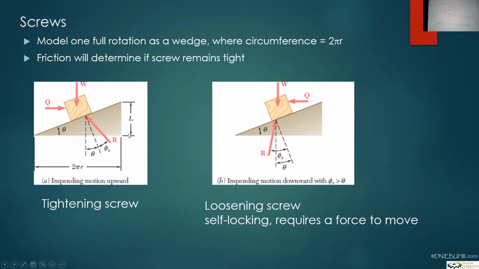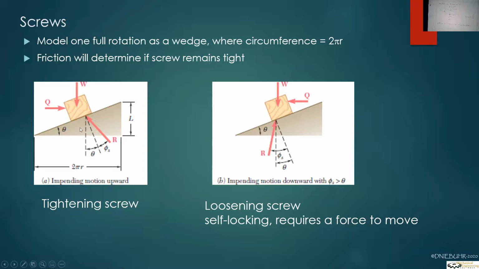If you're trying to tighten a screw, you have impending motion. You have a certain applied force, and you're trying to push the wedge up the hill. In this case, the block is modeled as the threads, which are in contact all the way, but we just use a block for it.